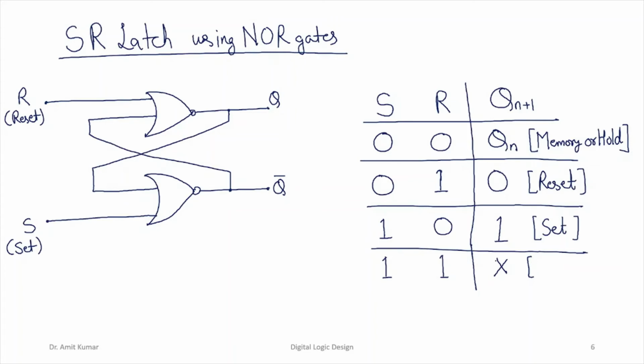That is why we call this the forbidden state or the indeterminate state. So this is how we should look at the operation of an SR latch using NOR gates.